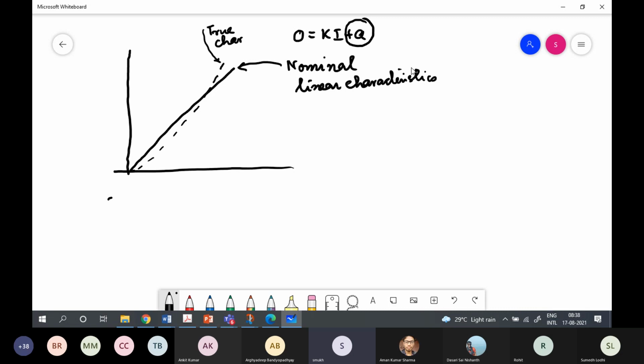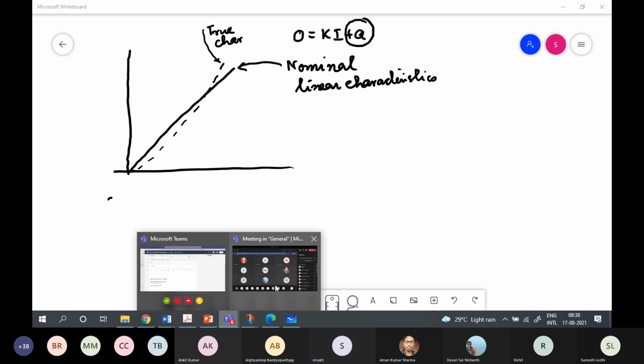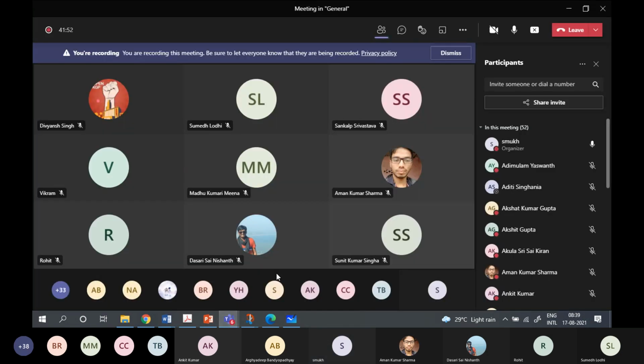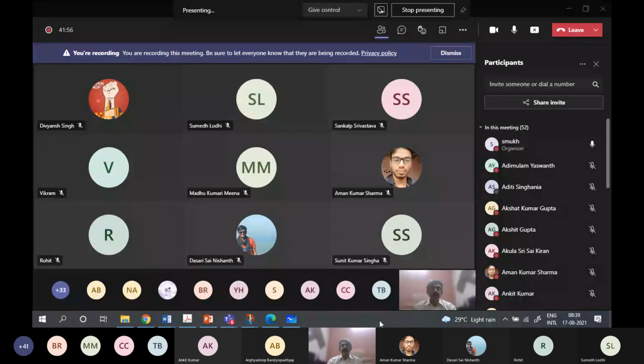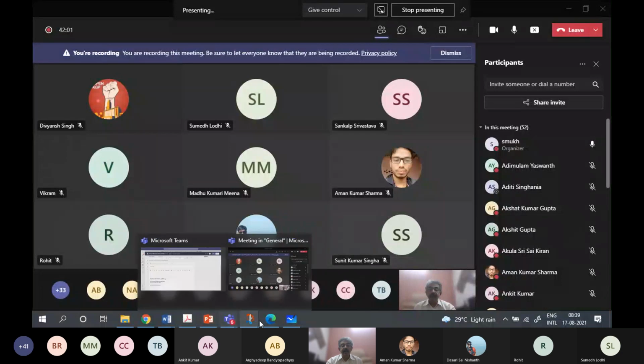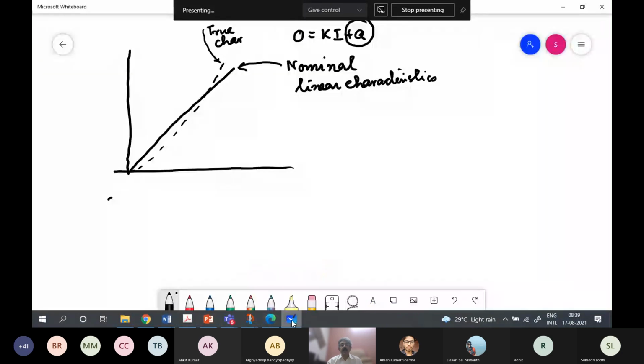Because whatever performance I claim in my data sheet, that performance has to be guaranteed.